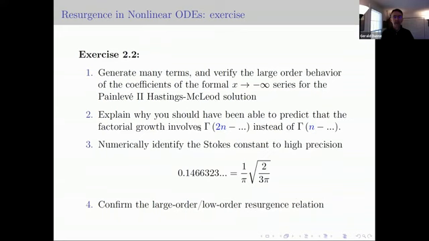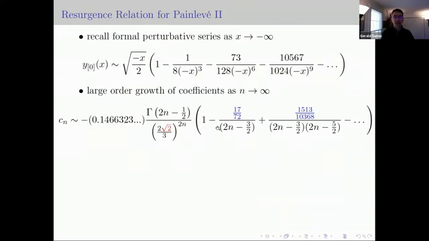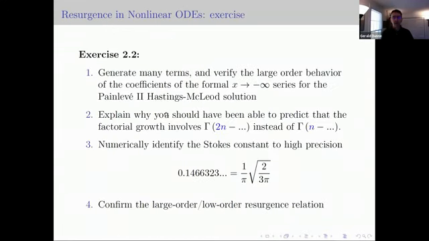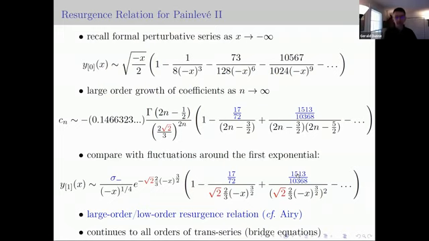And think about why you should have been able to say in advance why it's gamma of 2n, not gamma of n. There's a very simple argument of why that is true. And this overall coefficient you should be able to identify in terms of pi, and then lastly confirm this correspondence, this duality between these coefficients here that both Chris and Aduri talked about.